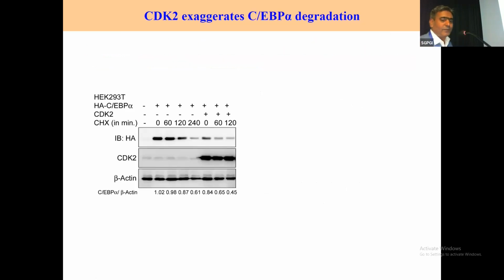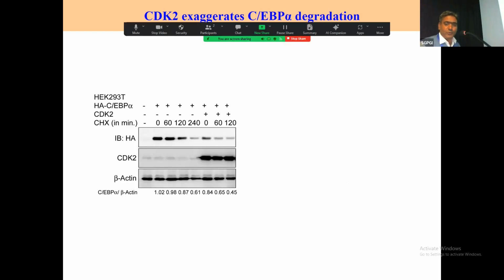To further confirm this, we performed a cycloheximide treatment assay, where you inhibit new protein synthesis and whatever protein is available degrades at its normal rate. When we followed it up to 240 hours, we found that the rate of degradation of CBP alpha was slower compared to when we overexpressed CDK2.